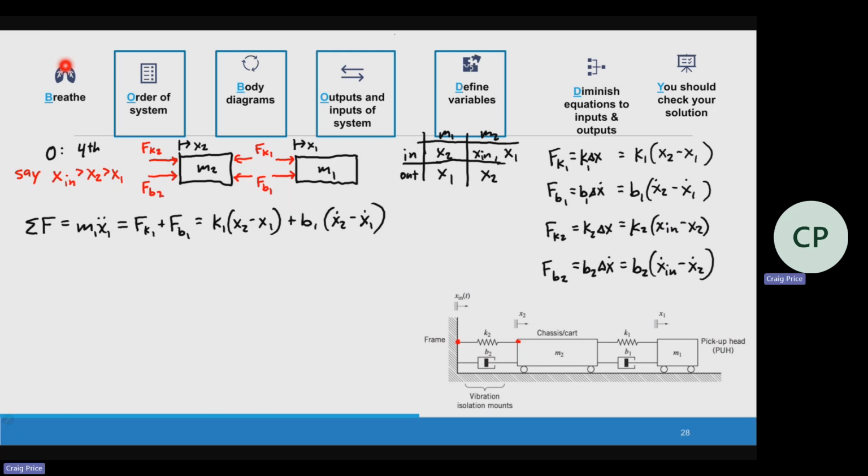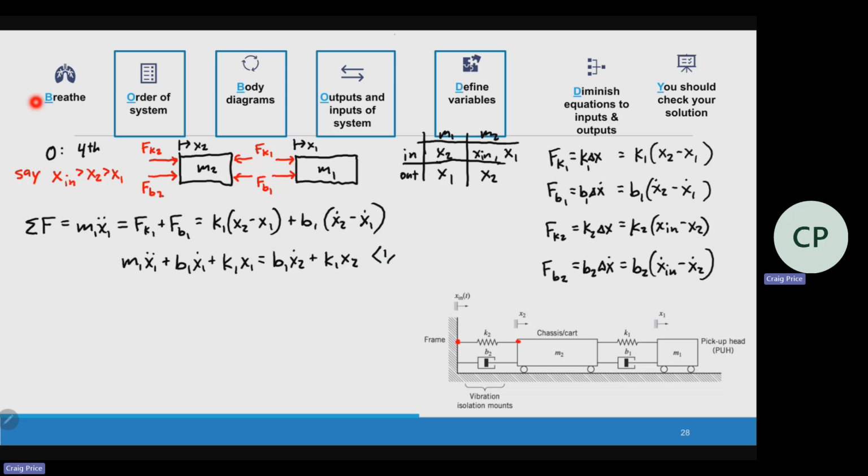So there's my two equations. Use the definition. And now we can get all the x1s together. So thankfully everything adds up. It looks good. We have m1 x1 double dot plus b1 x1 dot plus k1 x1 is equal to b1 x2 dot plus k1 x2.